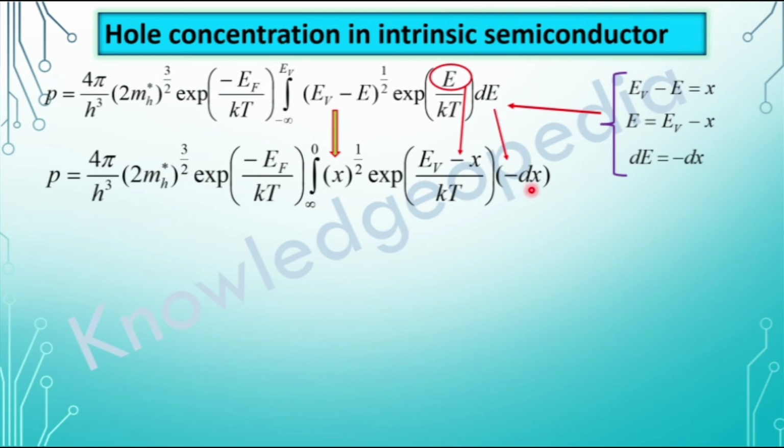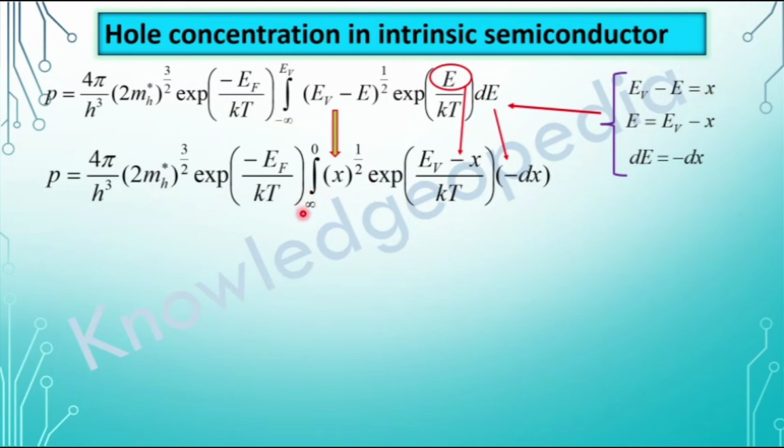Now we'll see how the limits of the integration changed because of these substitutions. Here the lower limit was minus infinity. We'll see what x will be when E is equal to minus infinity. If E is minus infinity, then this will be EV minus minus infinity, that is EV plus infinity. So x will be equal to plus infinity.